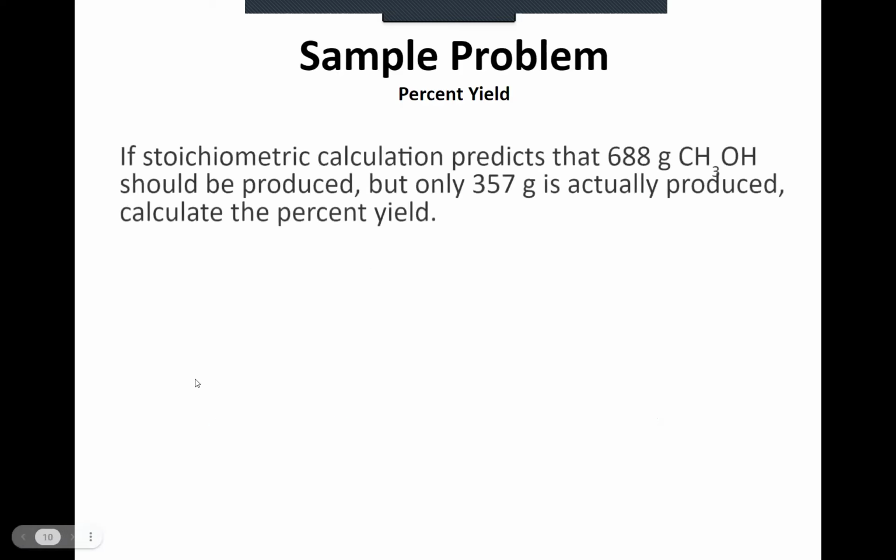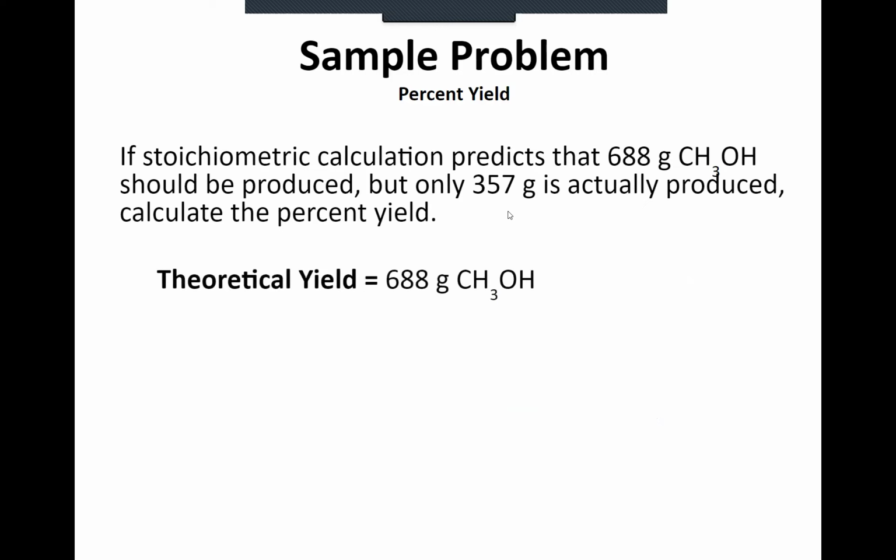Let's walk through one sample problem. If stoichiometric calculation predicts that 688 grams of CH3OH should be produced, but in actuality, only 357 grams is produced, calculate percent yield. So they say our theoretical yield, what stoichiometric calculation produces, 688.